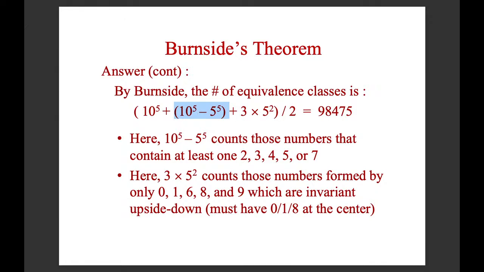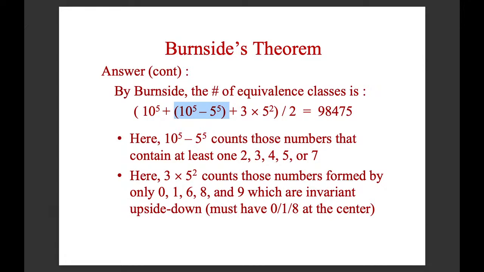And then for the remaining part, they can also be invariant. Because some numbers actually read the same if turned upside down. For instance, 10101. Although reading from upside down, it is still valid, it is still the same as 10101. So how many such numbers are there?